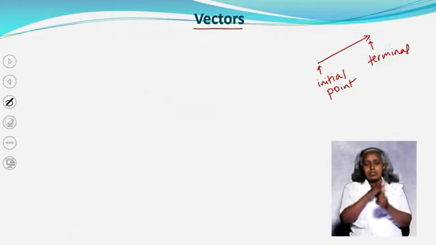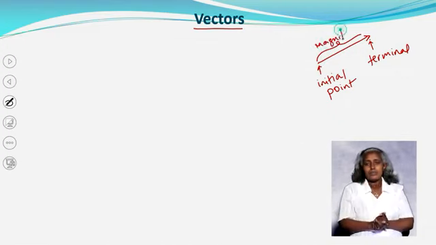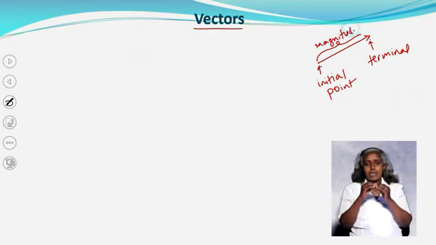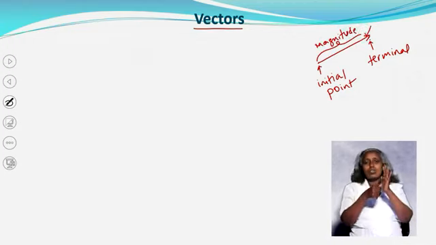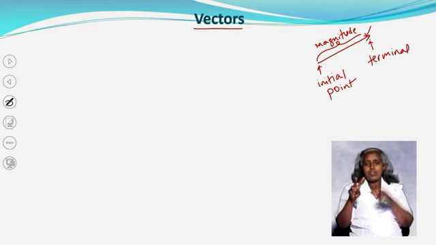Initial and terminal point, and this length is the magnitude of the vector. And this arrowhead indicates the direction of the vector.